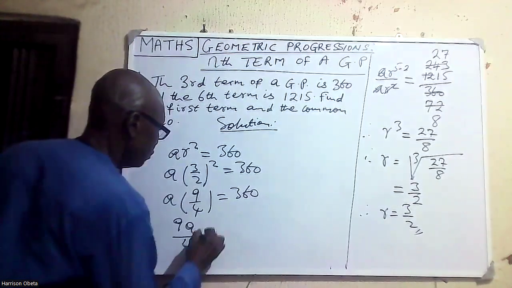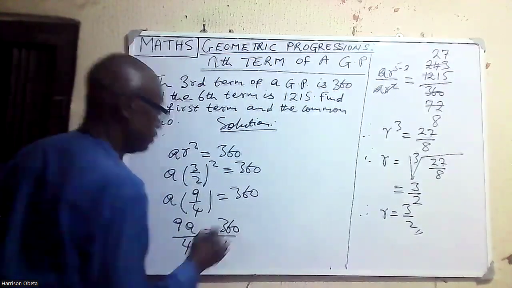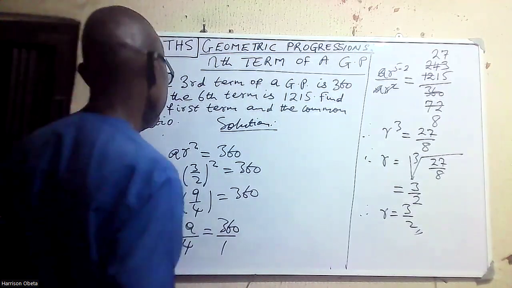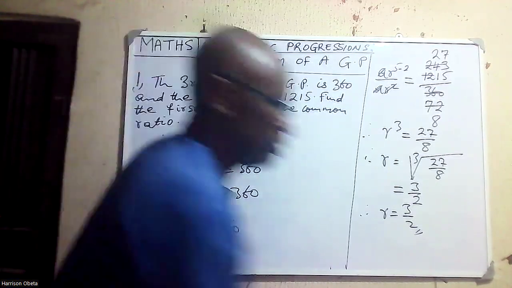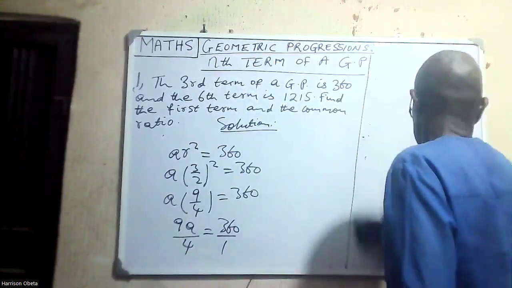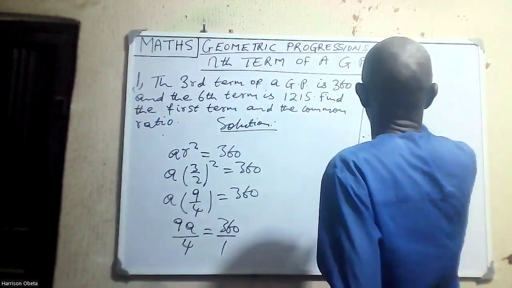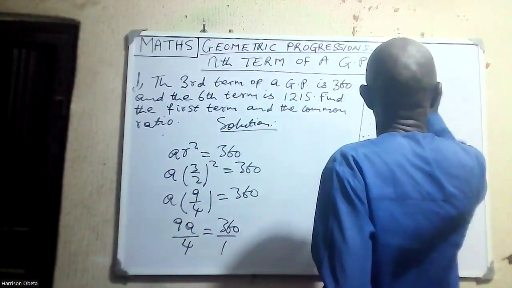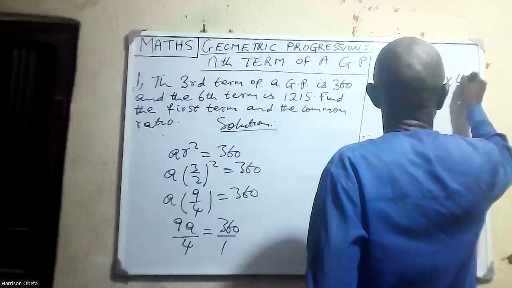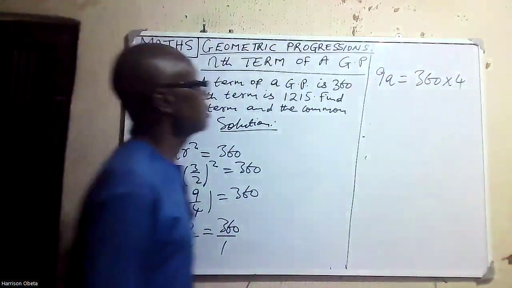Then we have 9a all over 4 is equal to 360 over 1. Cross multiply, and we have 9a is equal to 360 times 4. Then you divide both sides by 9.